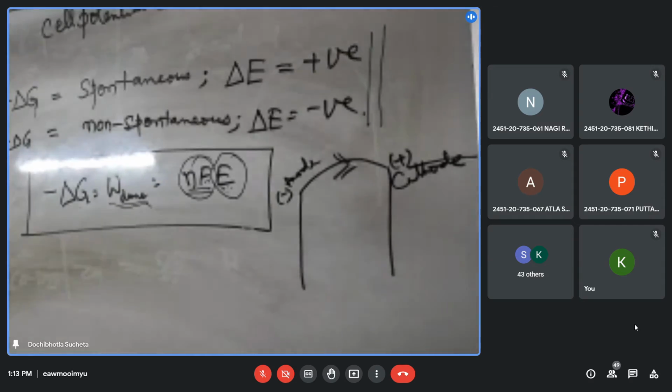Next point, point number 35. What you can write: when a spontaneous chemical reaction is taking place, charge flows from anode to cathode.